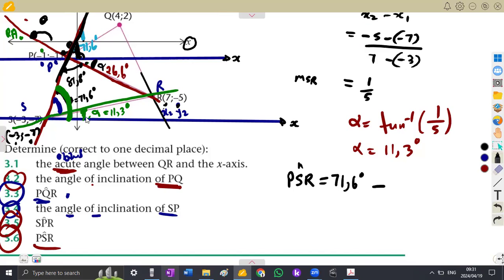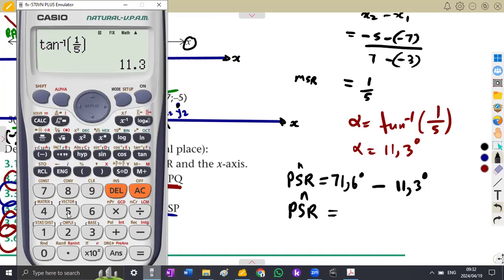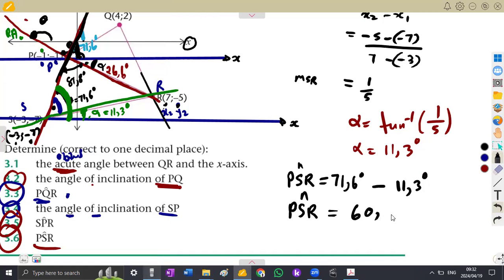What is that piece of angle? It's 11.3. This angle and this angle combined add up to give this one. So that's why we have to remove it from 71.6. Therefore, our angle PSR, if we subtract 71.6 minus 11.3, is going to be at the end 60.3 degrees. All right, so that's 60.3 degrees.